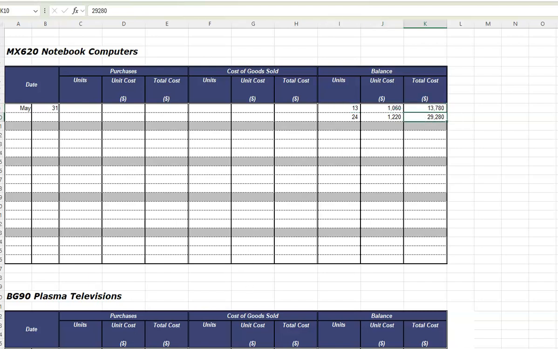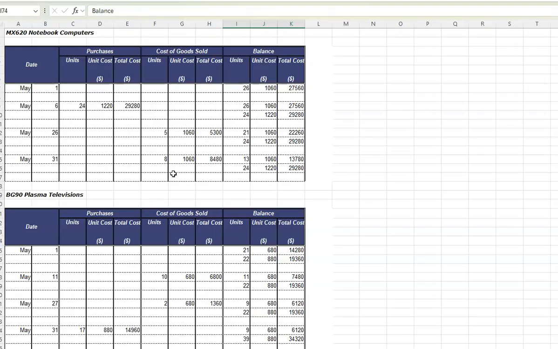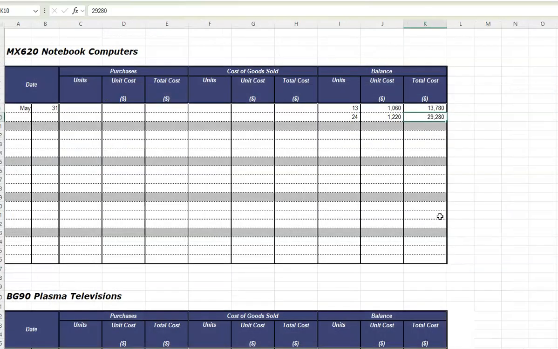So if I go to the old inventory cards and look at the notebook computers, you can see these two layers in here. This was at 29,280 and the 13,780. So that's just carried over to the new month.